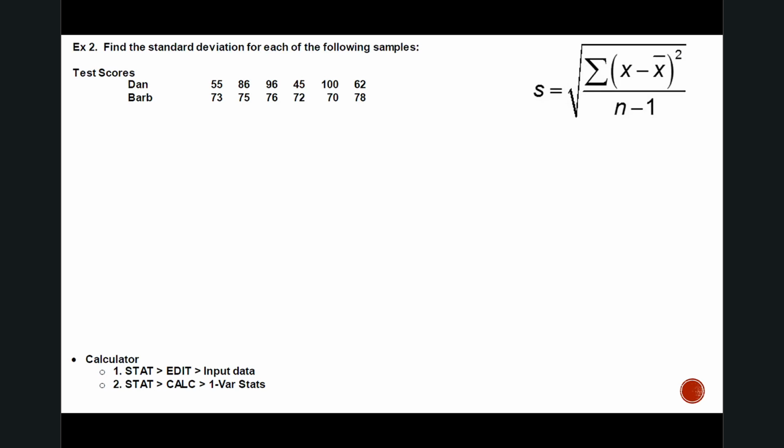We're going to talk a little bit about sample versus population because that's one of the questions most of you missed on the small celebration. So in this case, for Dan, his mean was 74, and his standard deviation was 23.